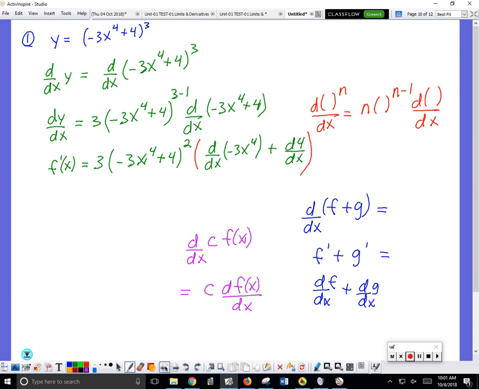The 4 comes down, do the power rule. You still got the 3 sitting there. So now you've got negative 3 multiplied by 4, negative 12. So combining the power rule and the constant rule, when you bring down the 4, you get negative 3 times 4, that's negative 12.